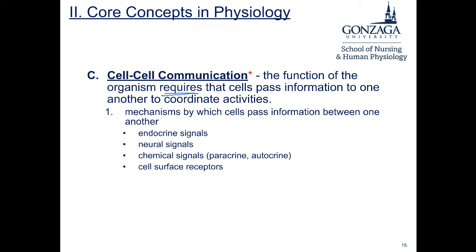Those include endocrine or hormone signals, neural signals, including action potentials, okay, or a variety of other chemical signals that are not hormones, paracrines, autocrines, and these are often utilized in conjunction with what's called a cell surface receptor, which is a type of protein, or which is composed of proteins. But again, we'll encounter all of these throughout 241 and 242.